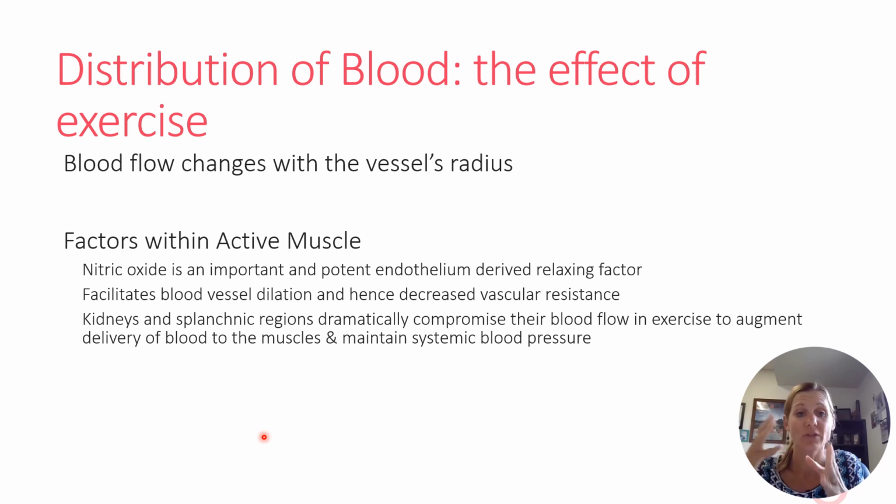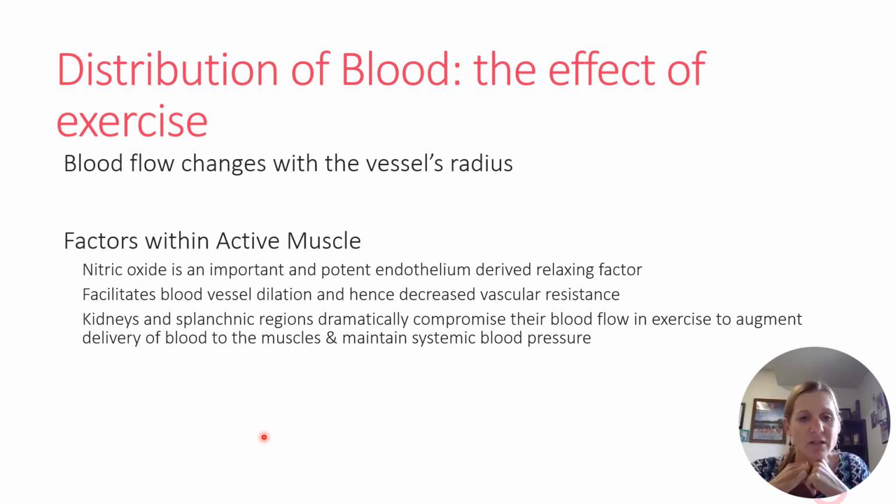So again, the difference here between the catecholamines and nitric oxide is that nitric oxide is a local factor that would allow us to determine which muscles to send the blood to, versus the catecholamines, norepinephrine and epinephrine, which are going to have more of an all-encompassing effect on muscle tissue in general. Okay, so again, nitric oxide will facilitate blood vessel dilation and hence decrease vascular resistance. So again, the bigger the tube, the less resistance I need to overcome in order for blood to flow through the tube.